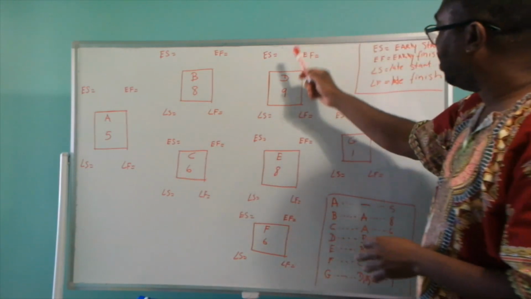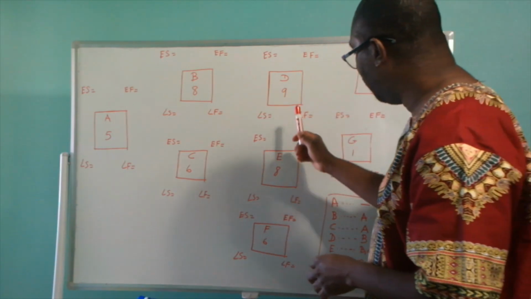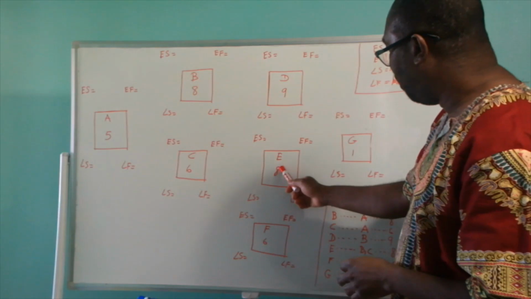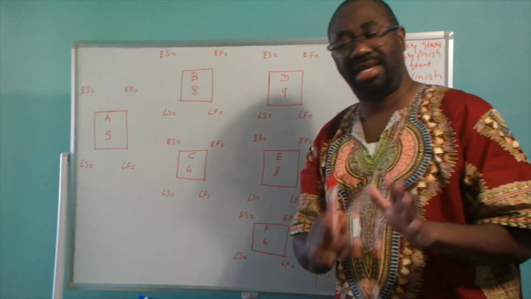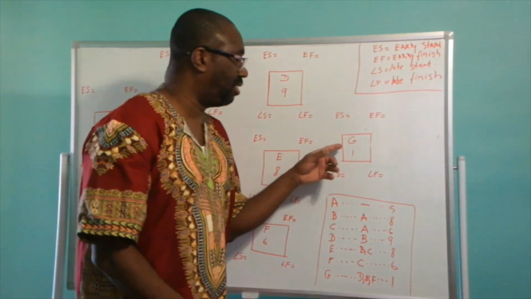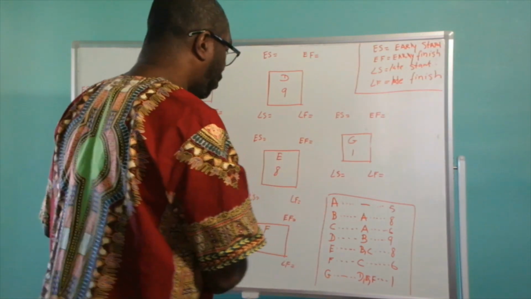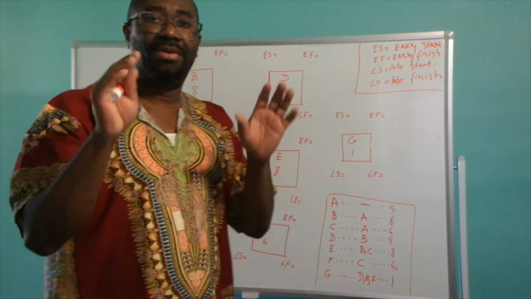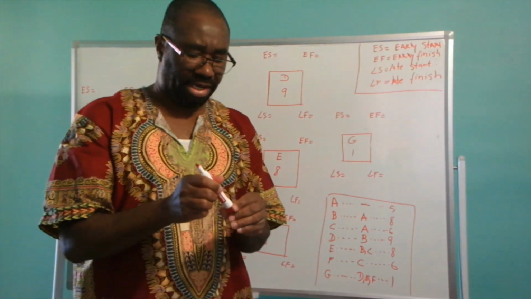Our activity D, which has a duration of 9 days. Activity E, which has a duration of 8 days. And activity F, which has a duration of 6 days, and activity G has a duration of 1 day. Now, I'm going to plot this diagram now, so please pay attention.